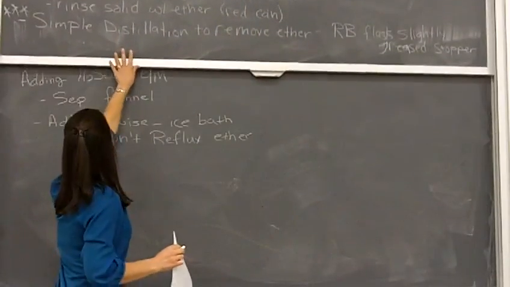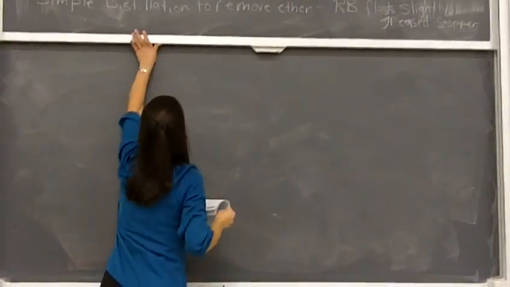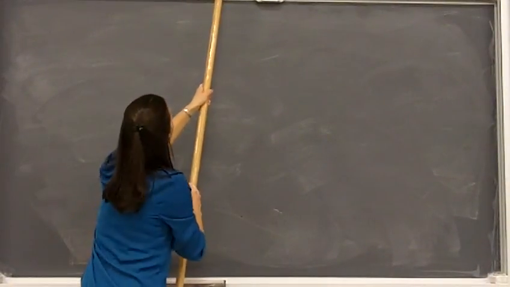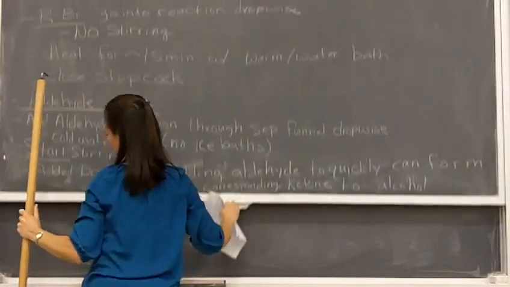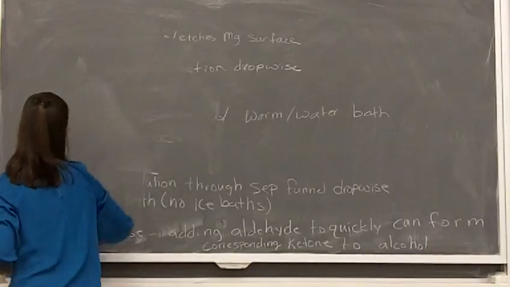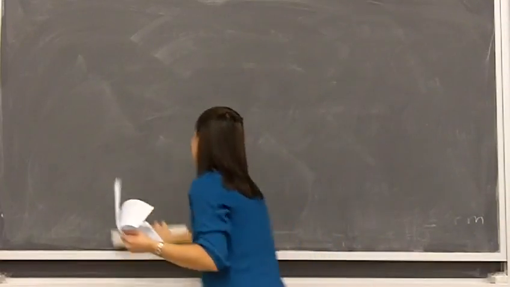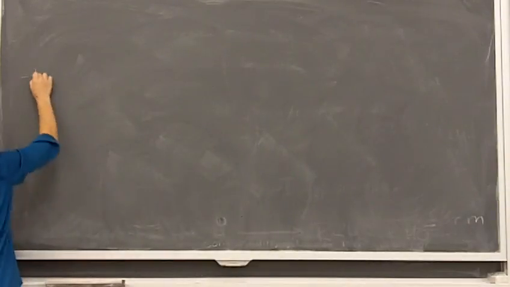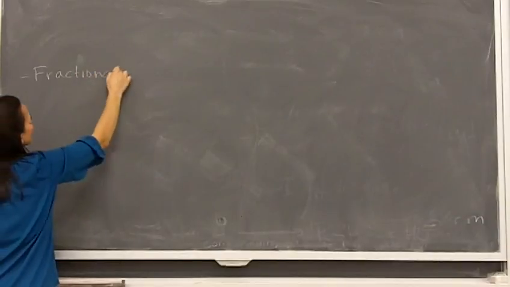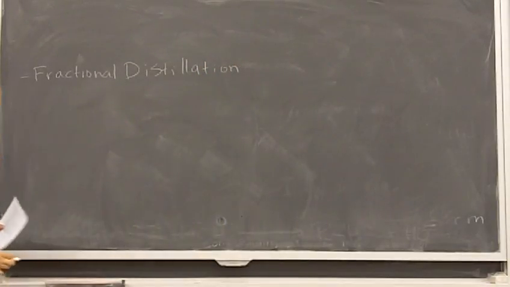So we use our all-in-one simple distillation apparatus to do a fractional distillation to purify our alcohol and collect just our alcohol, similar to what you did last week with the styrene formation.